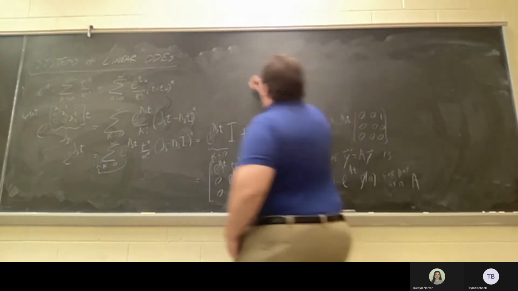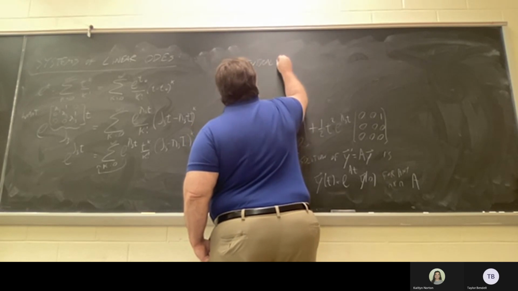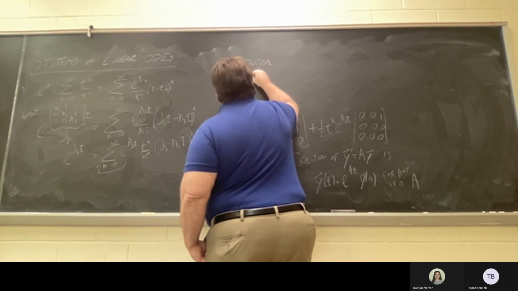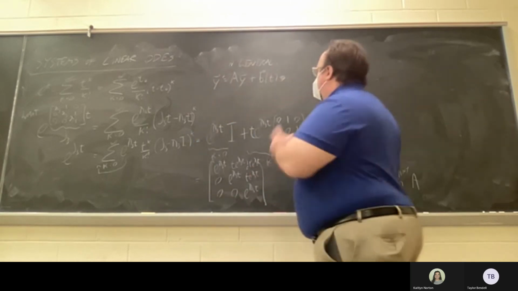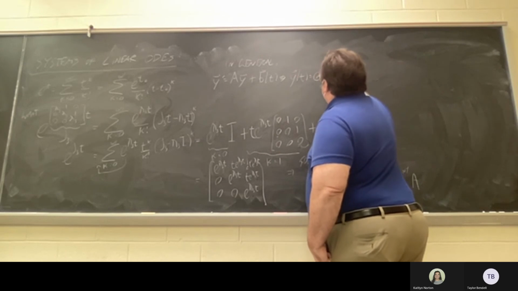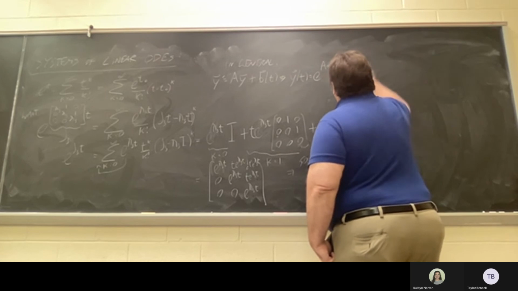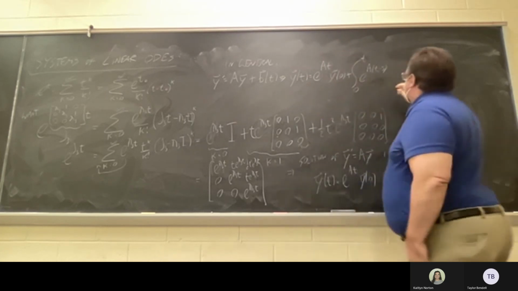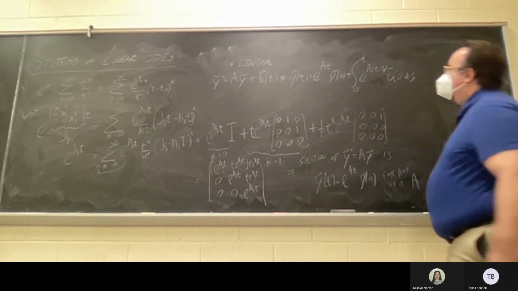So in general, for first order systems where you have a constant matrix and some source term, if this is your system of ODEs, then your solution is e to the A t y0 plus the integral from 0 to t of e to the A (t minus s) b of s ds.